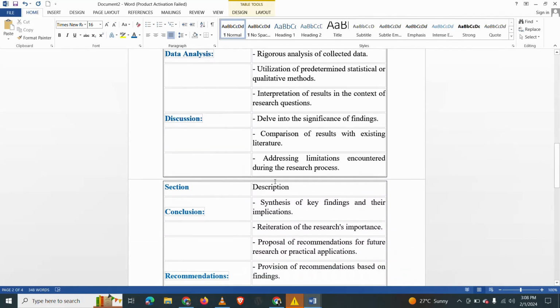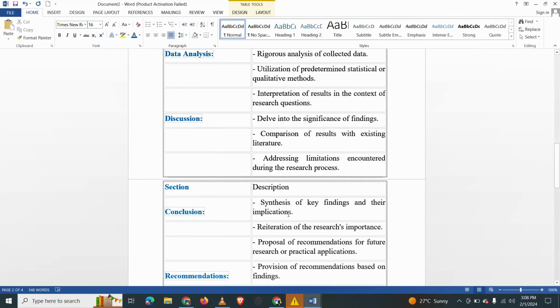The discussion section delves into the significance of the findings, comparing them with the existing literature, and addressing any limitations encountered during the research process. This stage is crucial, very important for drawing meaningful conclusions based on the data analysis.